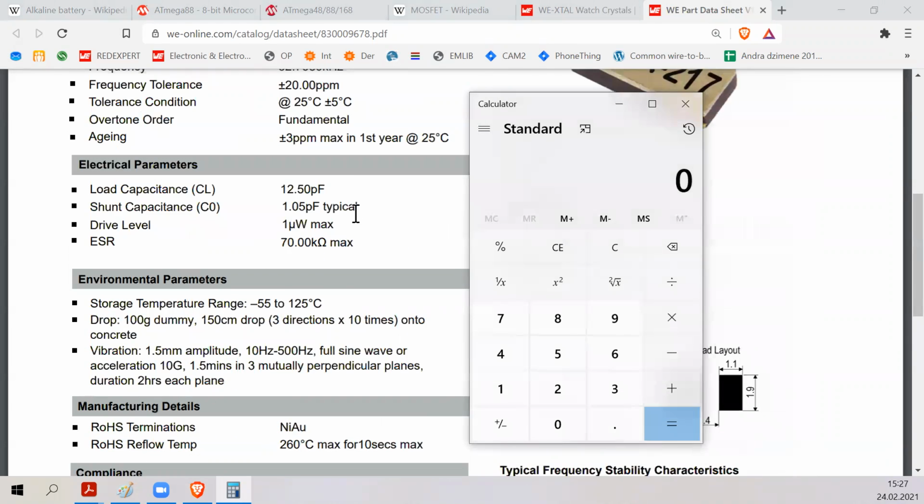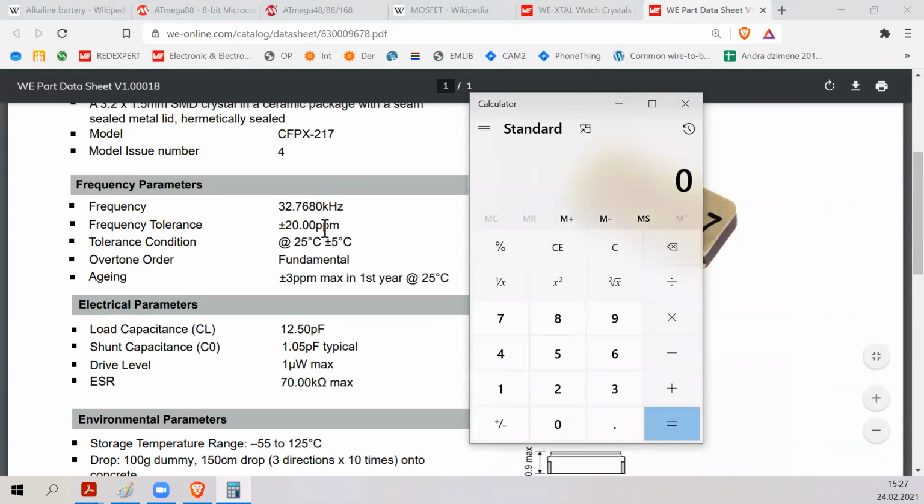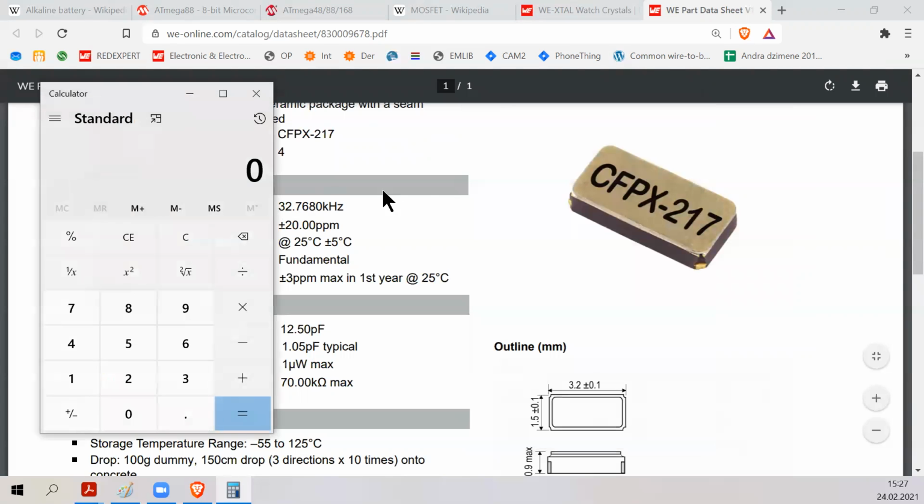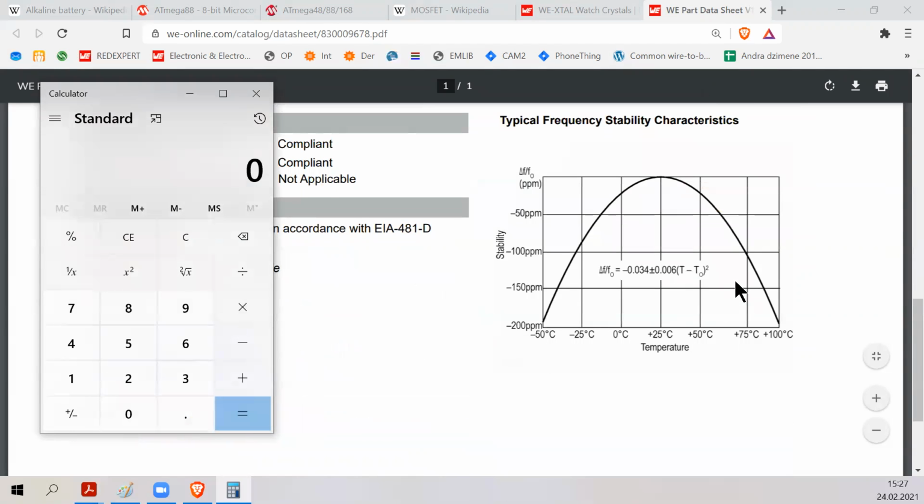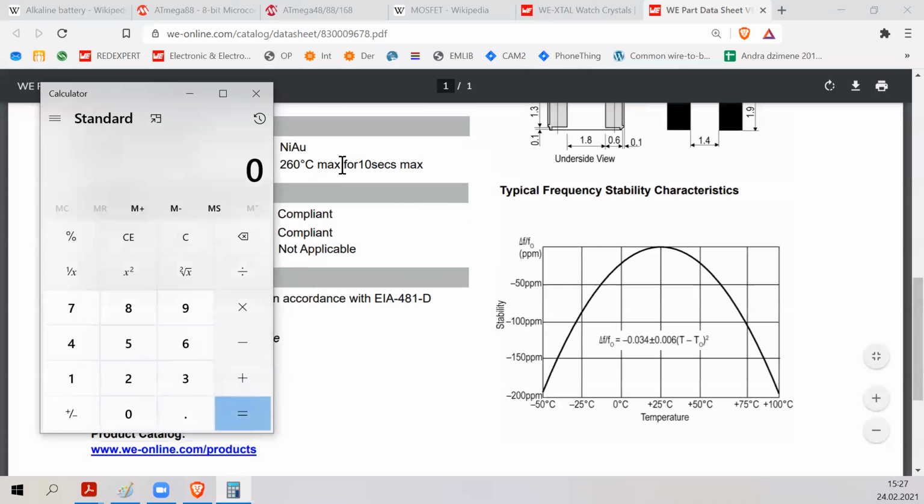It has, for example, plus or minus 20 ppm imprecision from manufacturing error, 5 ppm aging drift, and for example 100 ppm because it's used at plus 75 degrees or minus 25 degrees ambient temperature.